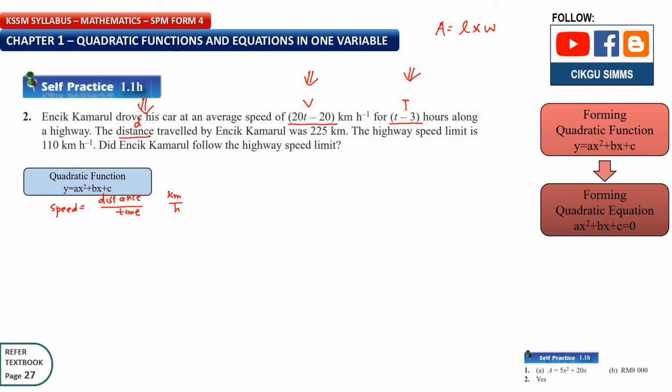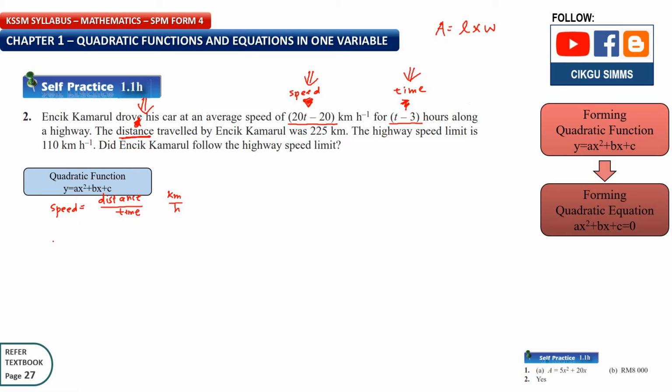Maybe I will skip the symbol. I will use the word to avoid the confusion. Okay, speed, this one is the time, and then this one is the distance.